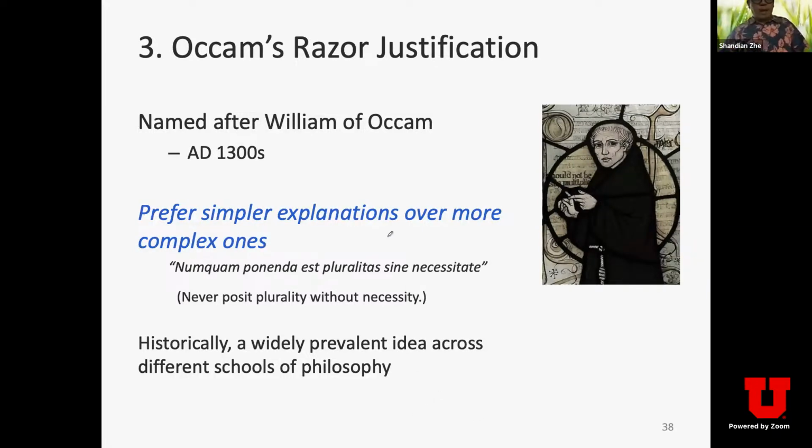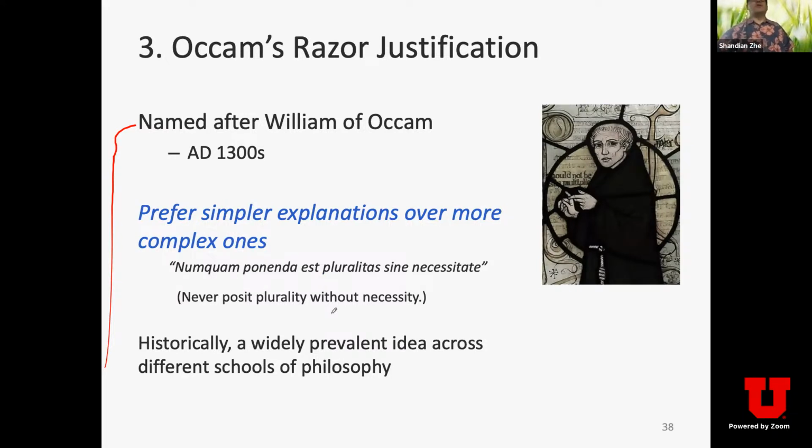So first, let us give a more formal definition of the Occam's razor principle. It is named after William of Occam, many years ago. It is a philosophical principle that we prefer simpler explanations over more complex ones. In other words, never posit plurality without necessity.